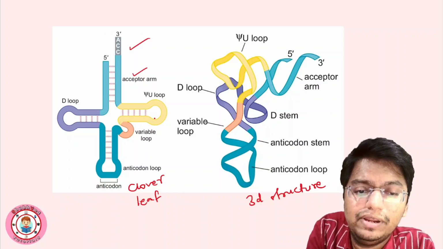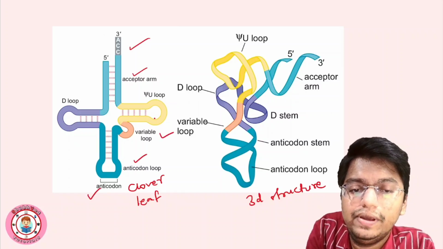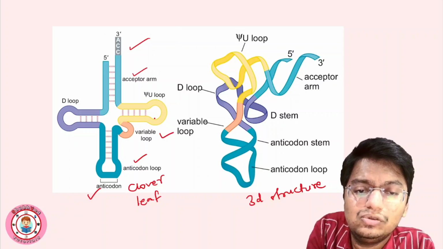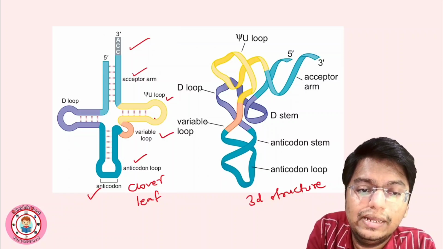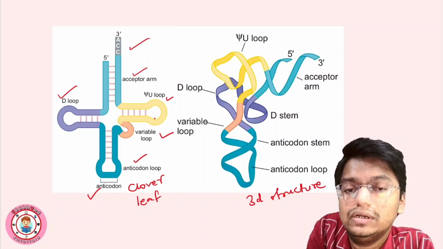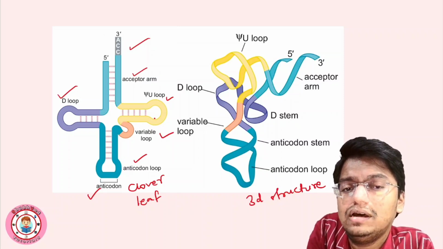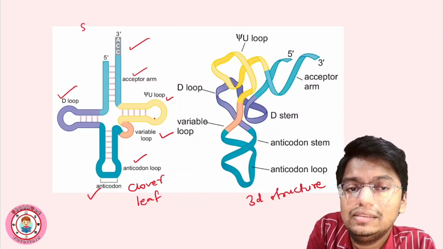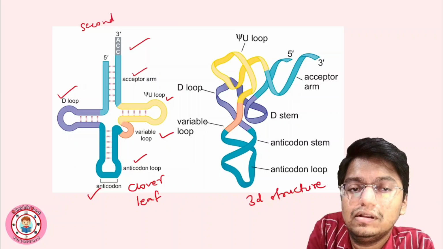Then here is the anticodon loop and the variable loop. Then this is the pseudouridine loop, and the D loop is the dihydrouridine loop. You can see the same in the three-dimensional structure. So this clover leaf model, the clover leaf structure, is a secondary structure.